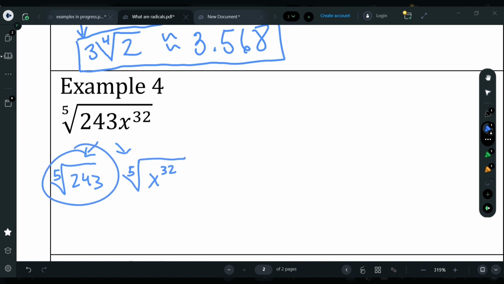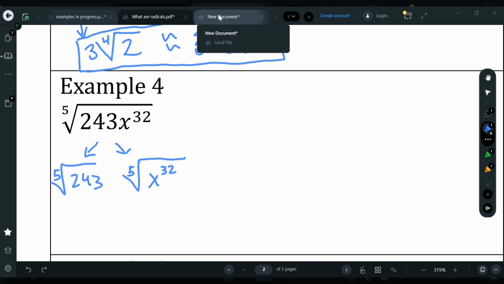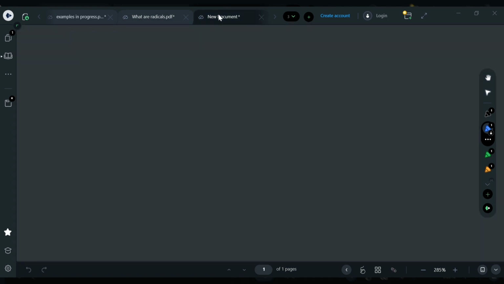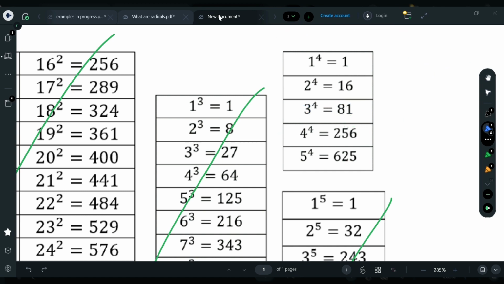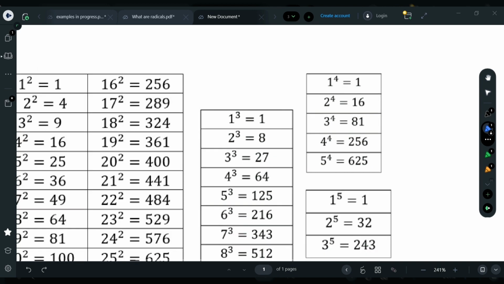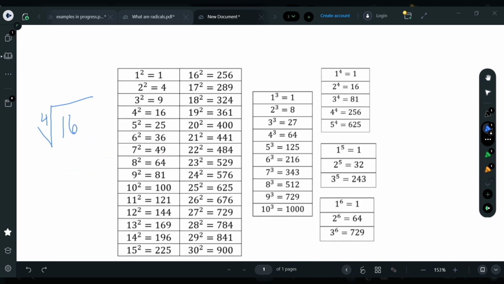All right, so let's just do this first. Fifth root of 243. Let's check our list. You could also go straight to the calculator with it, but if you have a list of perfect powers, we can check here. Now, let's see. What do we got here? Fifth root of 243.